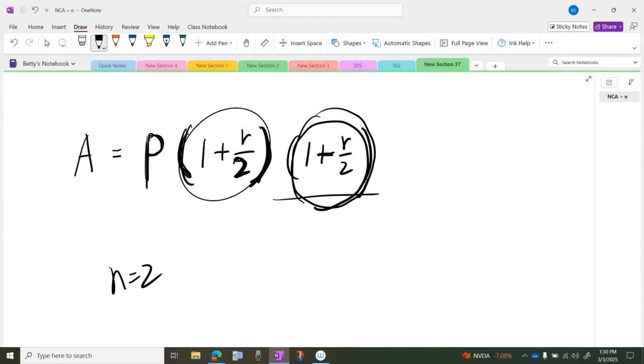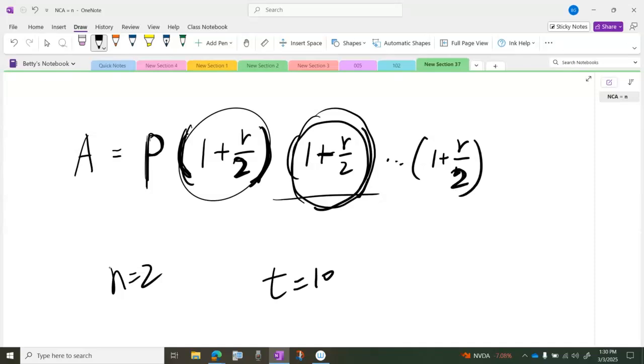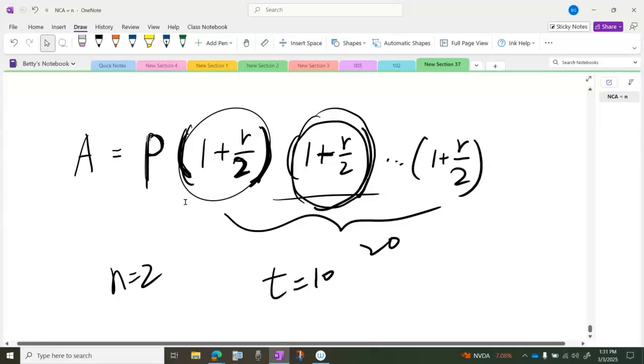It depends on how many times. If you put your money in an account for 10 years, you multiply the compounding factor how many times? Every 6 months, one time. For 10 years, that's 20, right? You just need to multiply your original principal by the compounding factor 20 times.